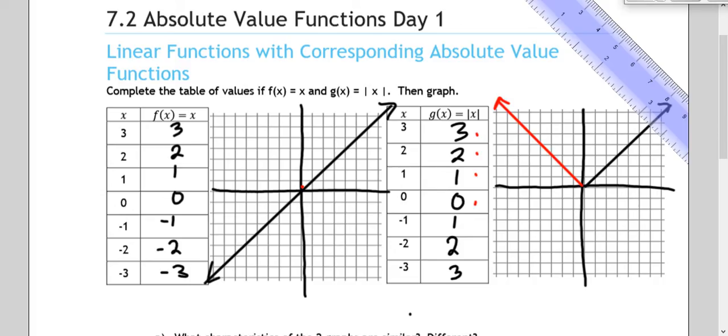But then once we start taking the absolute values of these, we can see that it changes. These guys here and here look very similar until we get past this point here, which means that we're almost doing a reflection.